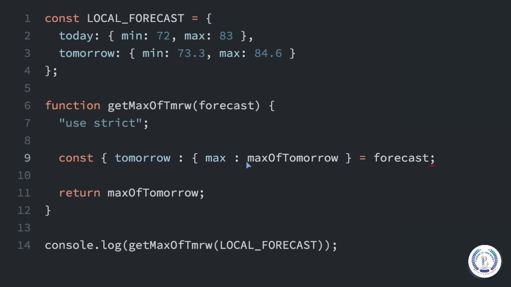Now we need 2 sets of curly braces here. So we have this one and this one. And so we've destructured two times, and the variable is max of tomorrow. So we've set the max that was inside tomorrow to max of tomorrow. So if I run this, you'll see it's 84.6.